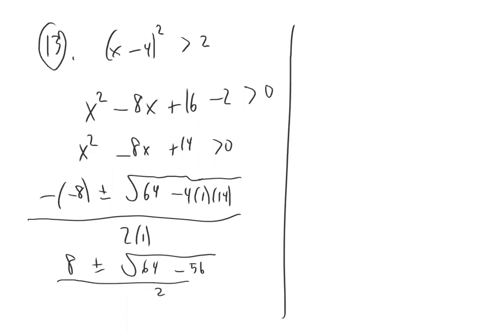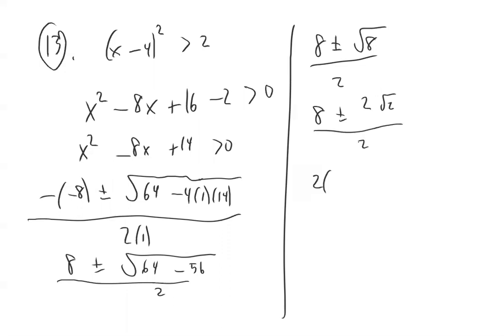That's equal to 8 plus or minus the square root of 8 over 2. The square root of 8 reduces to the square root of 4 times the square root of 2, and the square root of 4 is just 2, so that breaks down to 2 square root of 2. Then you can factor a 2 out of the top, which leaves 4 plus or minus the square root of 2, and then 2 in the bottom. So that cancels out, and you get x equals 4 plus or minus the square root of 2.